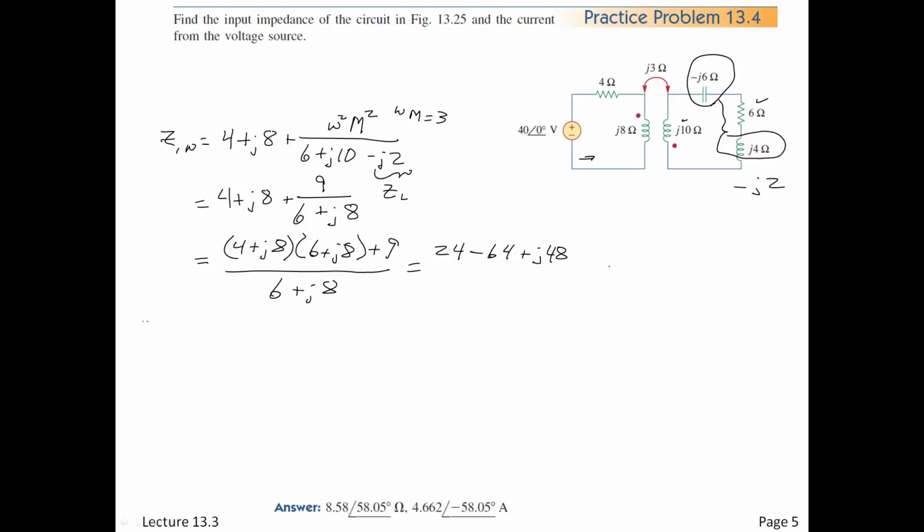I'm sorry, 4 times j8 is plus j32. All right, plus 9. All over this bottom, 6 plus j8. So this comes to something nice like 24 minus 64, so that's minus 40, plus 9 is minus 31, plus j80, it looks like, over 6 plus j8.